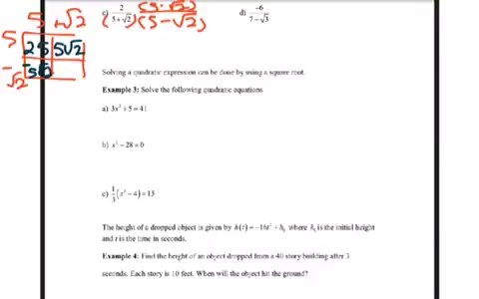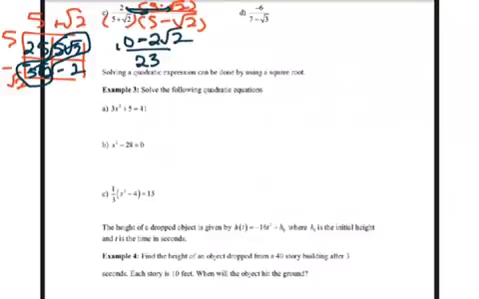And negative square root of 2 times positive square root of 2 is going to give me negative 2. So what you'll notice is this middle term with the square roots goes away. So I'm just left with 25 minus 2. So I get in the bottom, 25 minus 2 is 23. And then I can carry the 2 through. So that's going to give me 10 minus 2 root 2.